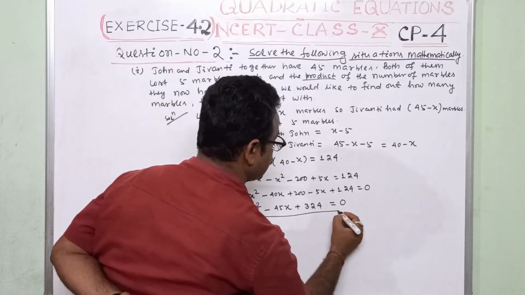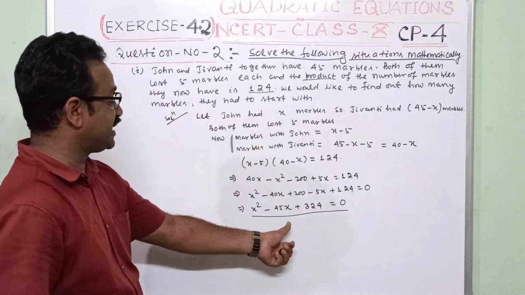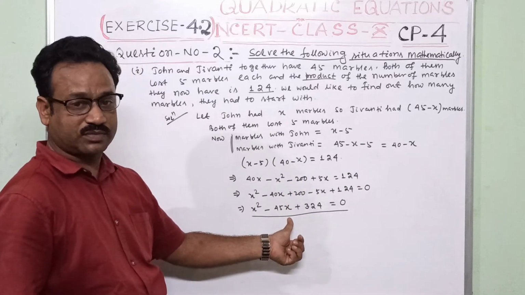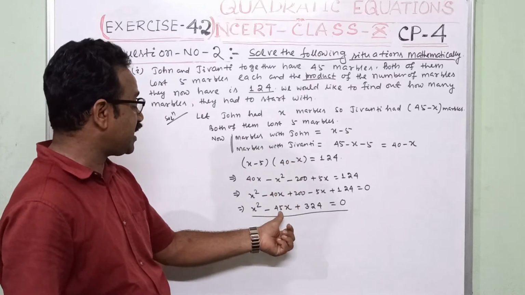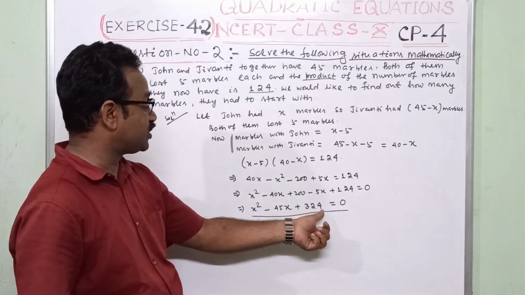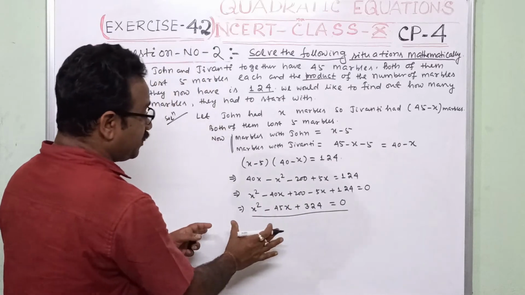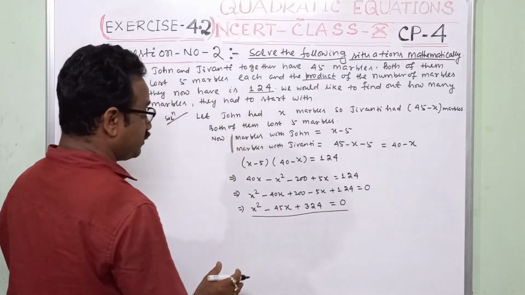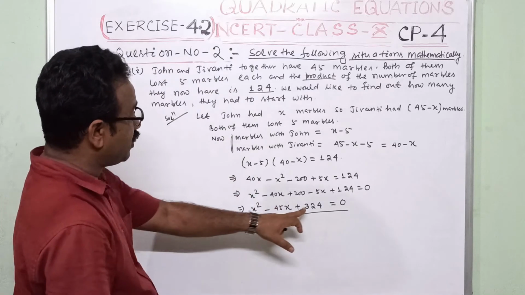So reduce to the form of ax square plus bx plus c. This is in quadratic equation form. So x square minus 45x plus 324 is equal to 0. Now we have to factorize this by middle term factorization. Is there anything in common?